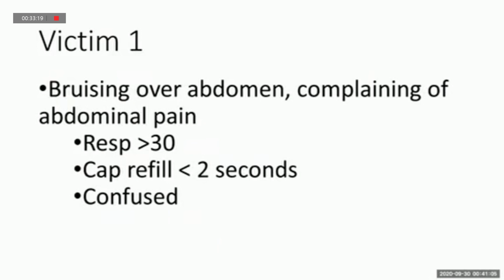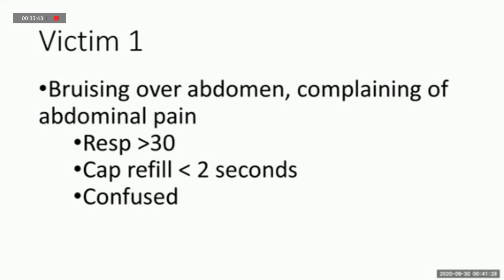You were deployed in a mass casualty incident. Your first patient has bruising all over the abdomen, complaining of abdominal pain. You've gathered the following: respiratory rate more than 30, CRT less than 2 seconds, and the patient is confused.